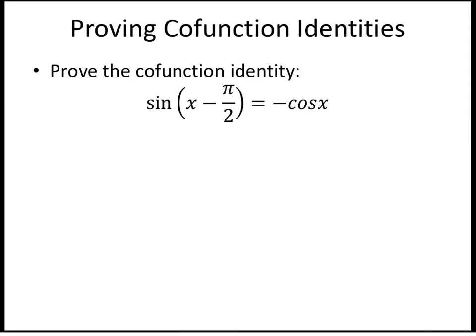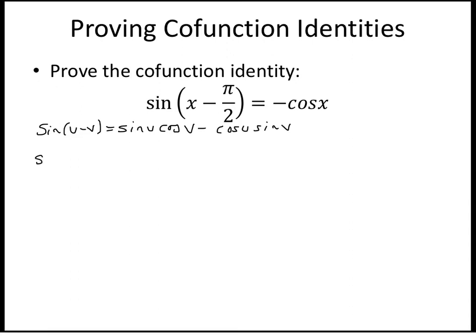Now we're going to prove this cofunction identity. We're going to prove that sine of x minus pi over 2 equals negative cosine of x. Okay? And that's one of the ones that we were given a while ago, but using our sum and difference formulas, we can actually prove this to be the case. So we're going to use the formula sine of u minus v equals sine of u cosine v minus cosine u sine v.